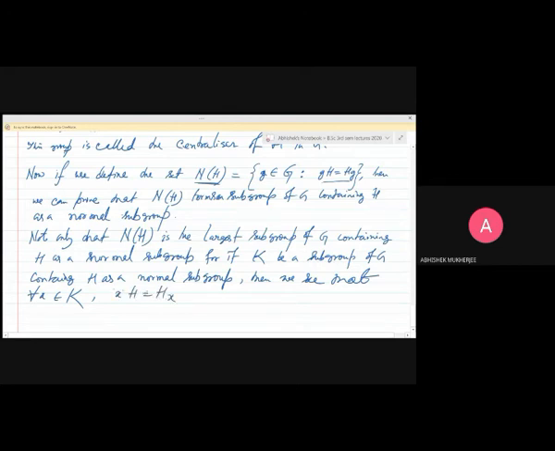Because H is normal in K. But in turn, since xH equals Hx, x must be in N(H). That is, K is a subset of N(H). And this proves that N(H) is the largest subgroup of G containing H as a normal subgroup.